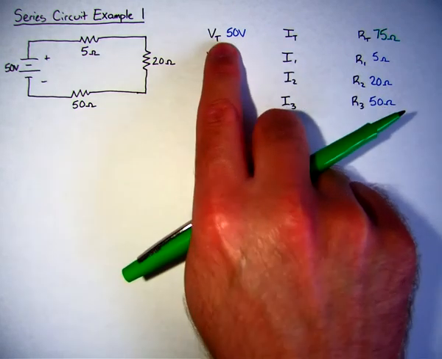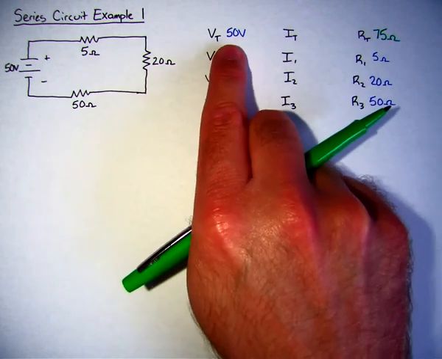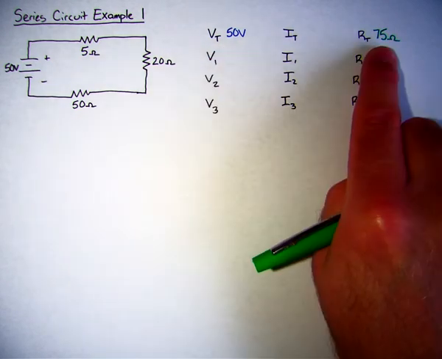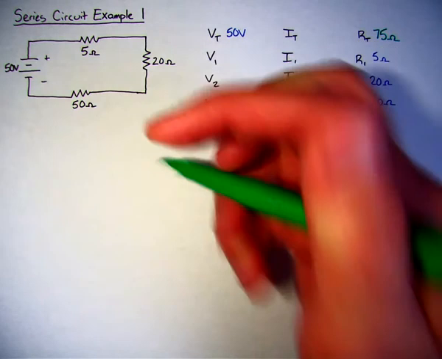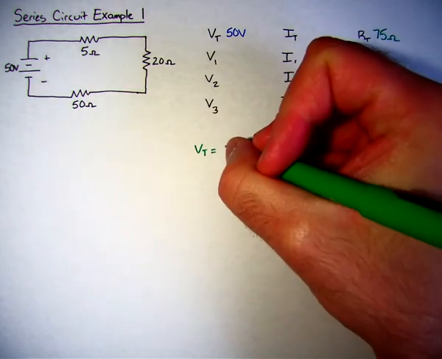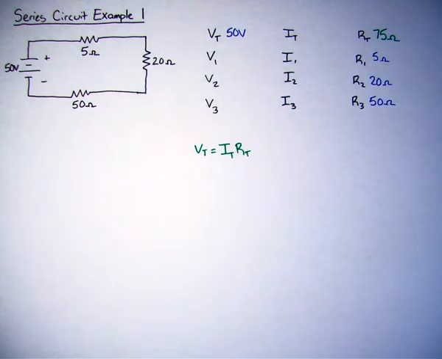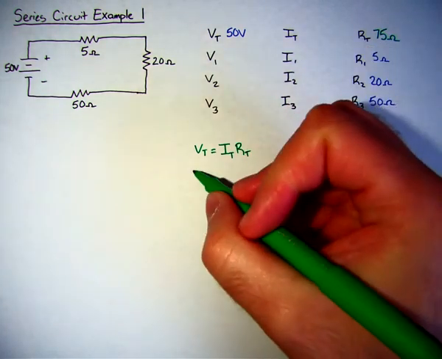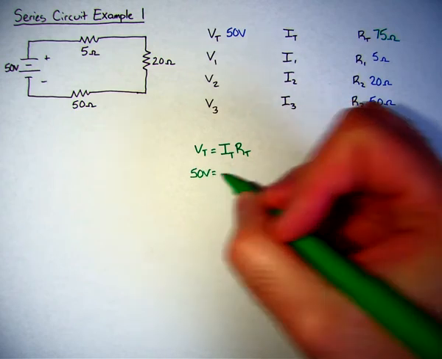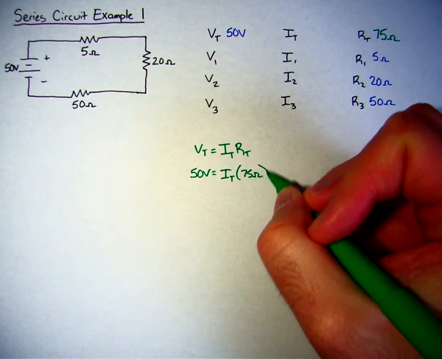So if you look at the top row, the total voltage, total current, total resistance, since I know the total voltage and I know the total resistance, I can just use Ohm's law. So I know that V_T, the total voltage, is equal to the total current times the total resistance. And so if I just plug in the values that I have, I can solve for my total current.